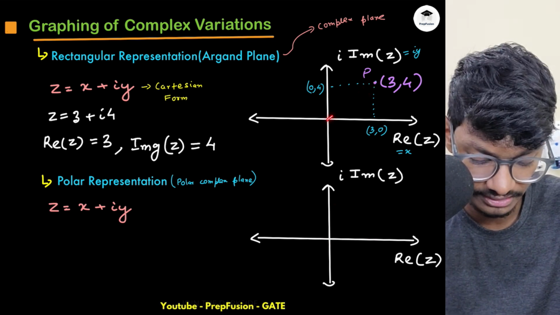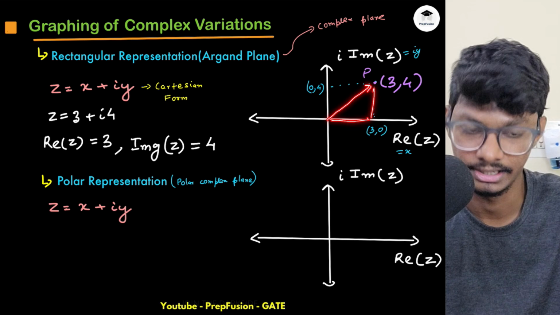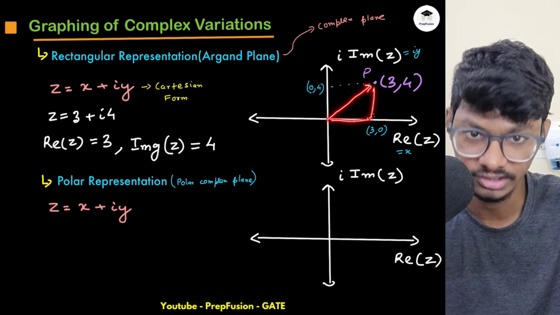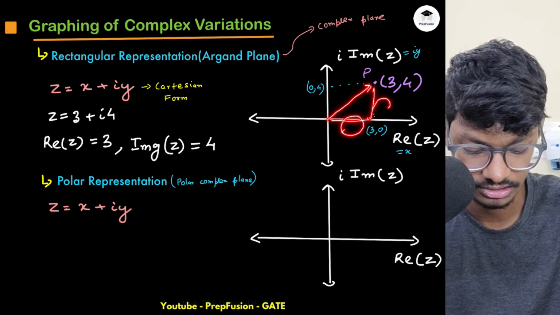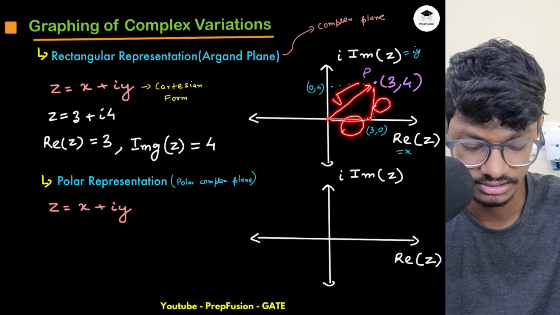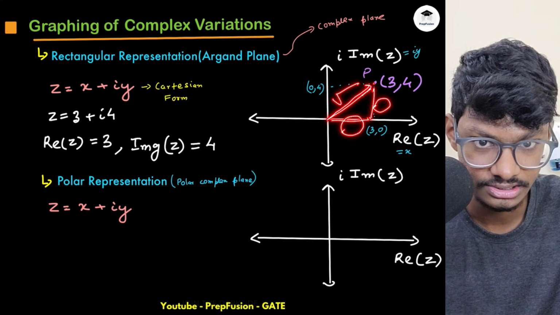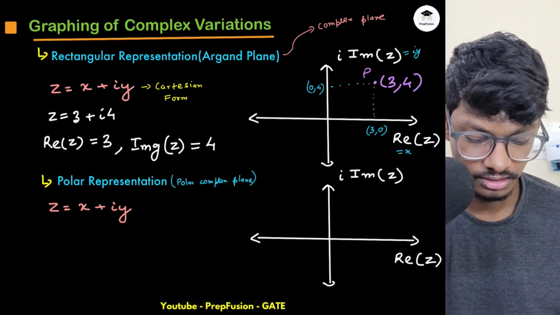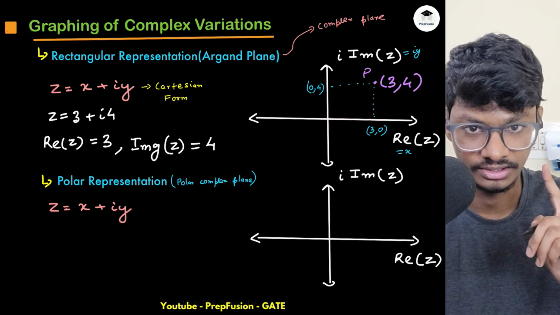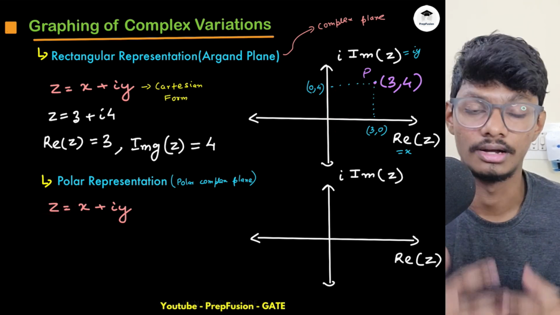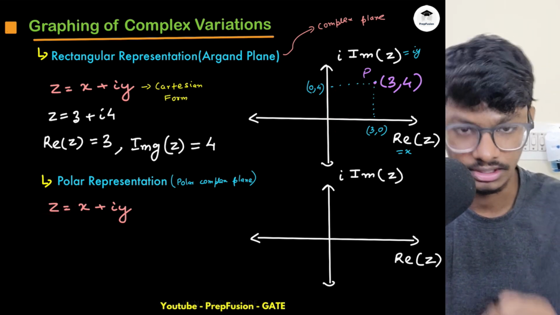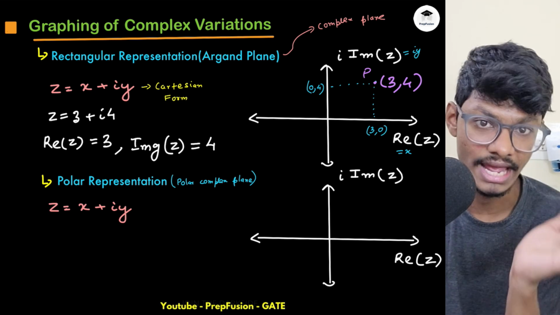If I draw this, it will be a right angle triangle, and with the help of the Pythagoras theorem, the square of this and the square of this, then if I take the square root, I can compute this distance. So I found the distance, and how much angle I have to move from the positive x-axis. That will be the value of theta, and that is basically what is meant by polar representation: the distance from the origin and how much angle I have to move.